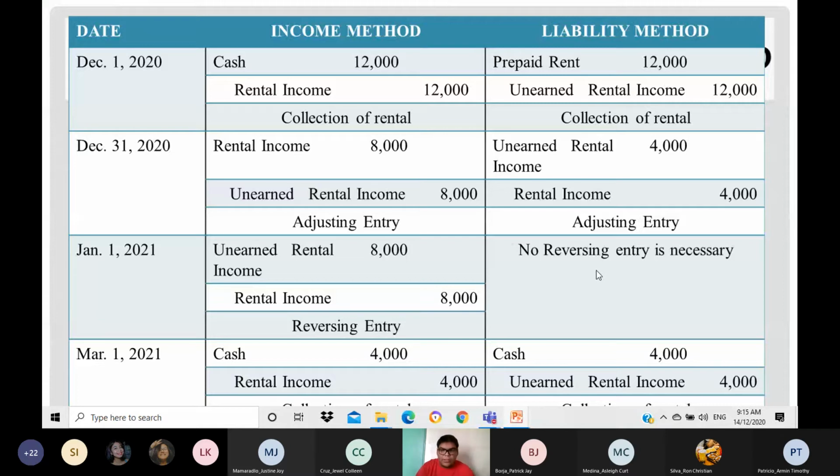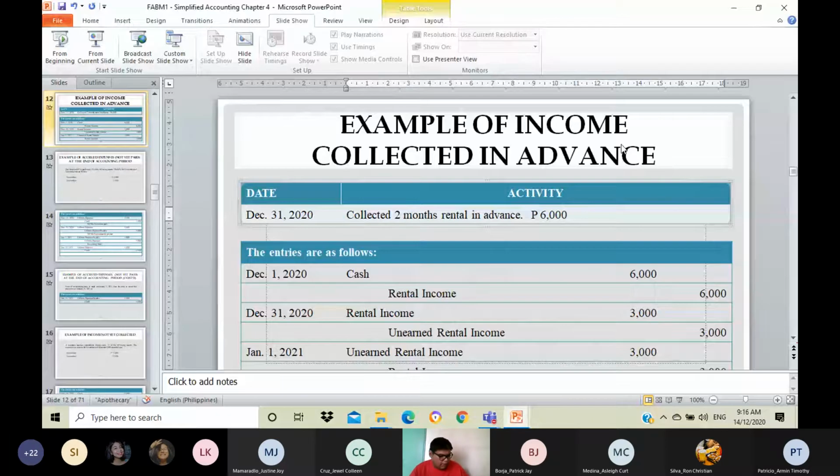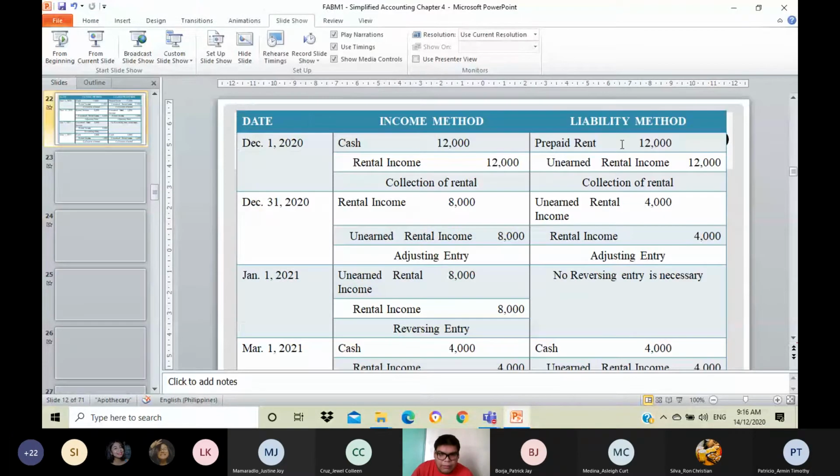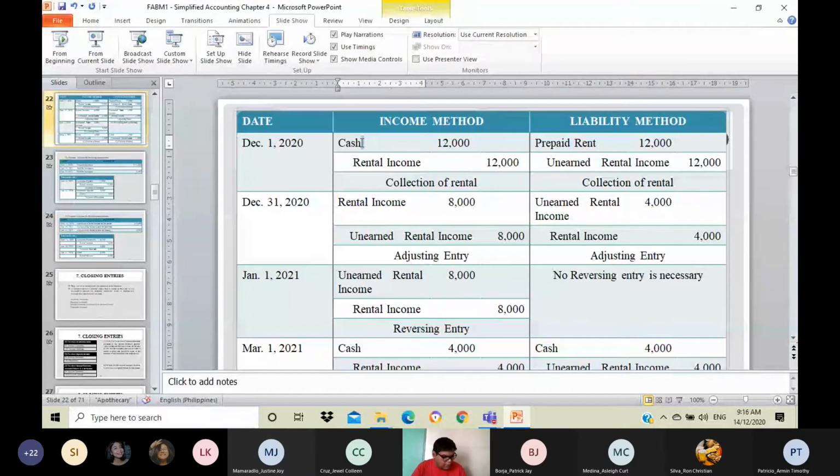Sorry, kaya pala may mali. Cash. Ayan. So, yun, sorry. Cash yung 12,000.